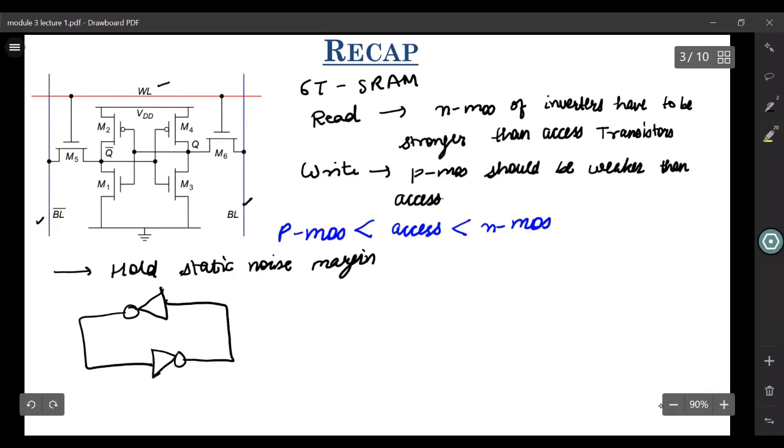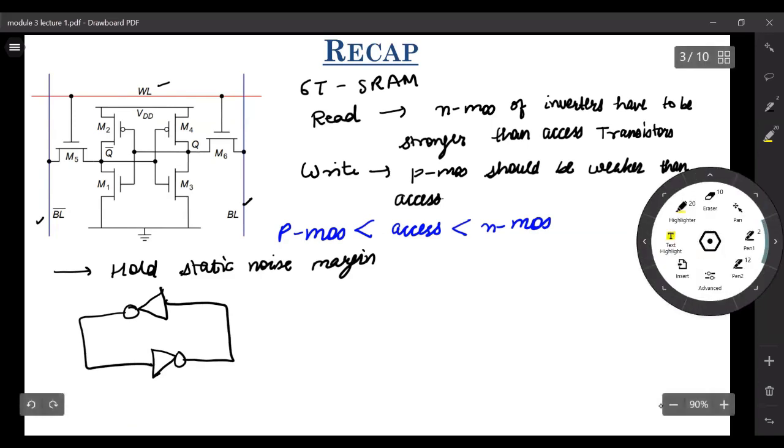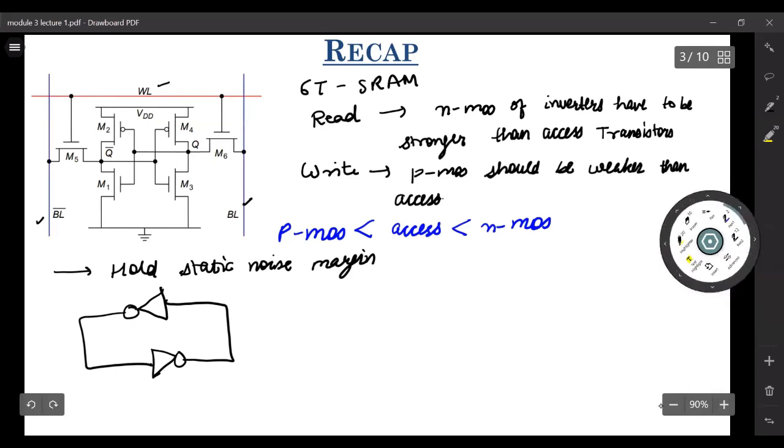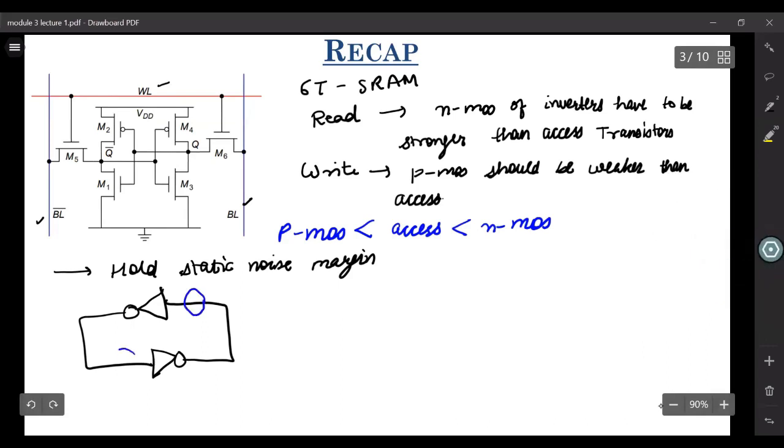The hold static noise margin is found if you introduce two noise sources with opposite polarity. For instance, one noise source here, one noise source here, and they have to be of opposite polarity, right? So if it is minus and plus over here, it has to be plus and minus over here. This represents your worst case scenario.